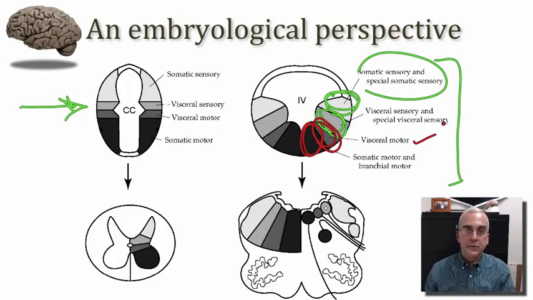Now, when it comes to the cranial region, there are different kinds of muscles, right? So in addition to the smooth muscles and the striated muscles, there are striated muscles that are derived from somites, and those that are derived from the branchiomeric arches, or the pharyngeal arches of the developing embryo.